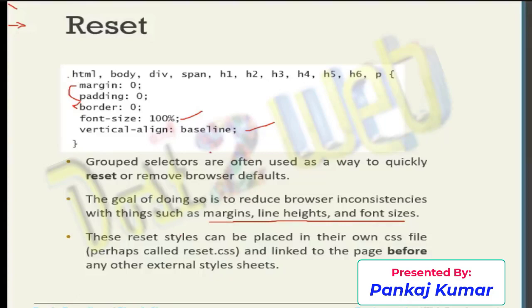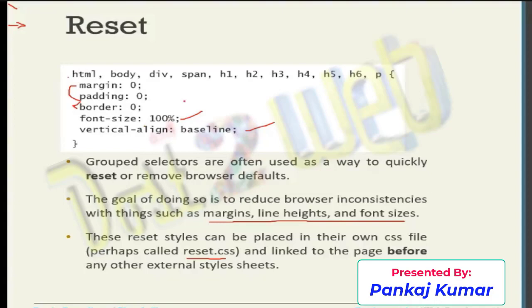And these reset styles can be placed in your own CSS file. That means you can create a separate reset.css file and link it using the external style sheet. Every browser has its own style to represent text. You just write the HTML code and run it on different browsers, and you will see there is some difference.